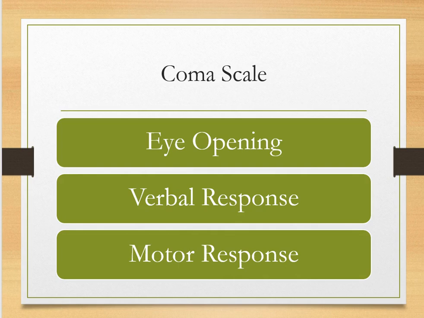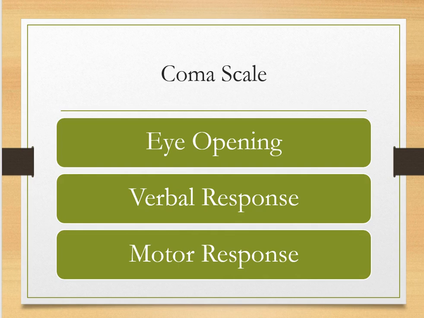Now, one thing to note, these codes, when you look in your tabular listing at R40.2, you'll notice that there is a scale that's actually identifying different scores based on the patient's opening their eyes, their verbal response, and their motor response. These codes are actually primarily for use by a trauma registry, but they can be used in any setting where this information is being collected.